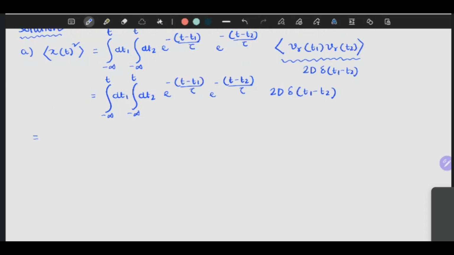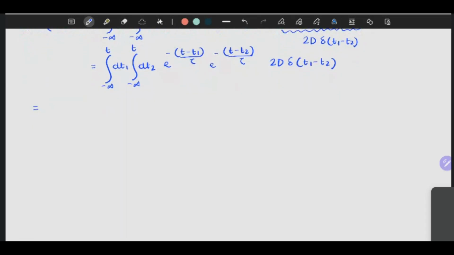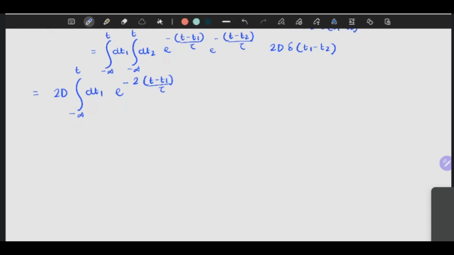Okay, so now since this is a delta function, 2D comes out, it becomes integral minus infinity to t dt1, and t2 will be replaced by t1, so this will be e to the power minus 2(t minus t1) by tau.